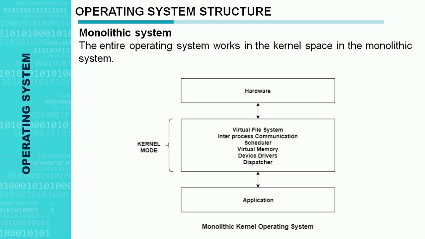In the monolithic system, the kernel provides various services such as memory management, file management and process scheduling using function calls. This makes the execution of the operating system quite fast, as the services are implemented under the same address space.